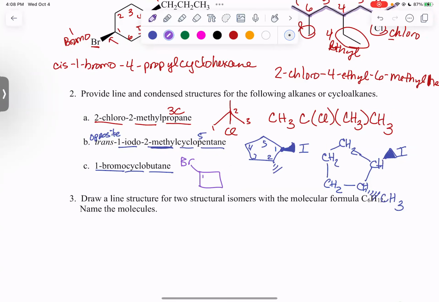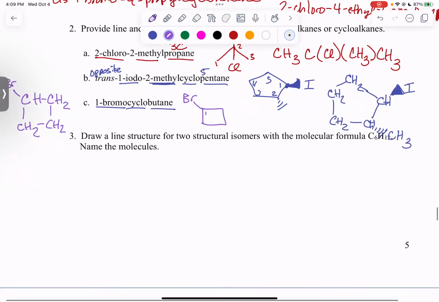I'm going to pick carbon number 1 first, and I'm going to say, okay, there's a carbon. It's got a bromine. It's also bonded to a CH2. It's also bonded to a CH2. So if it's bonded to 1, 2, 3 different things, it only gets 1 hydrogen. So then CH2. All right, so there's your ring.